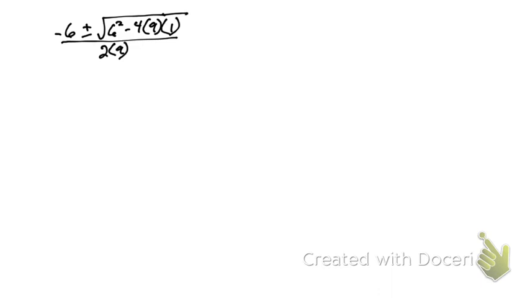Because we're going to have 0 inside of here, and then we're just going to have negative 6 over 18, which is negative 1/3. All right. Other questions?